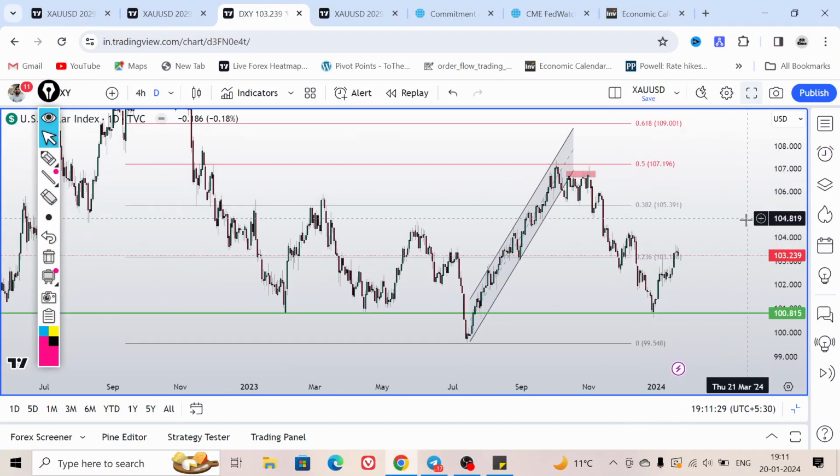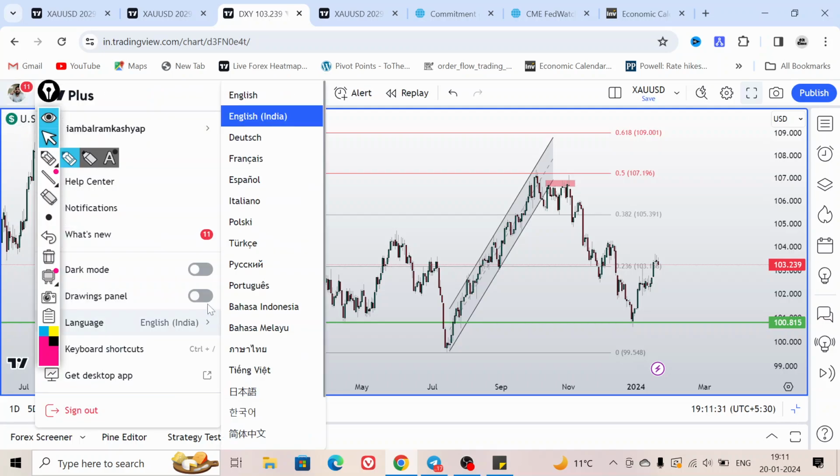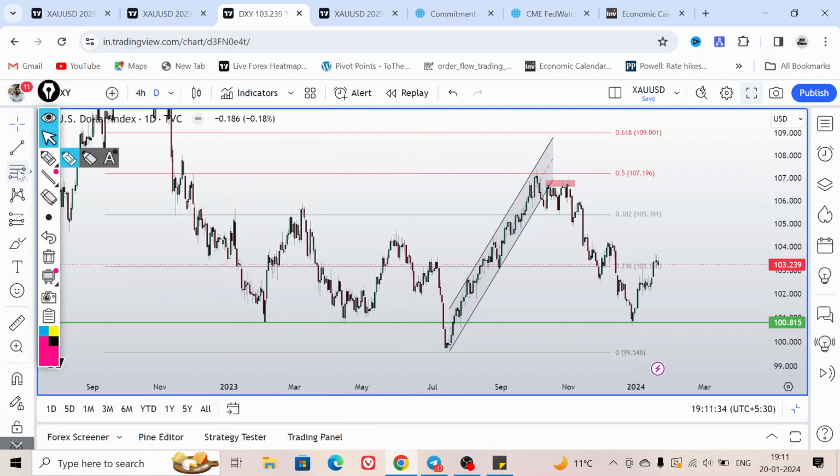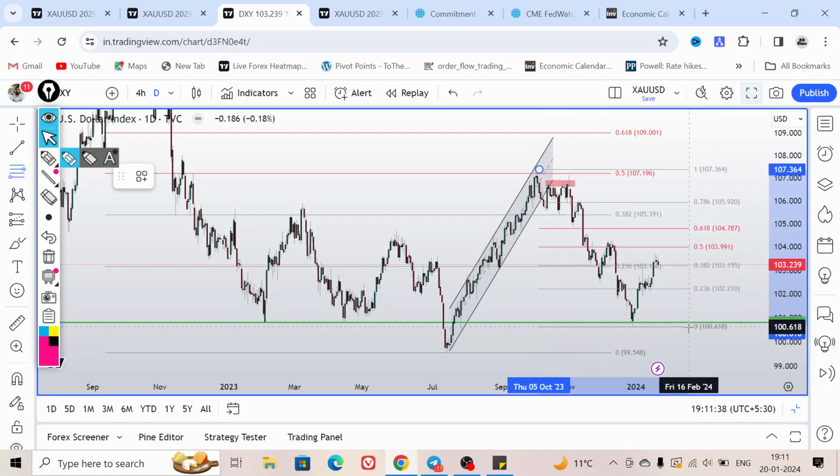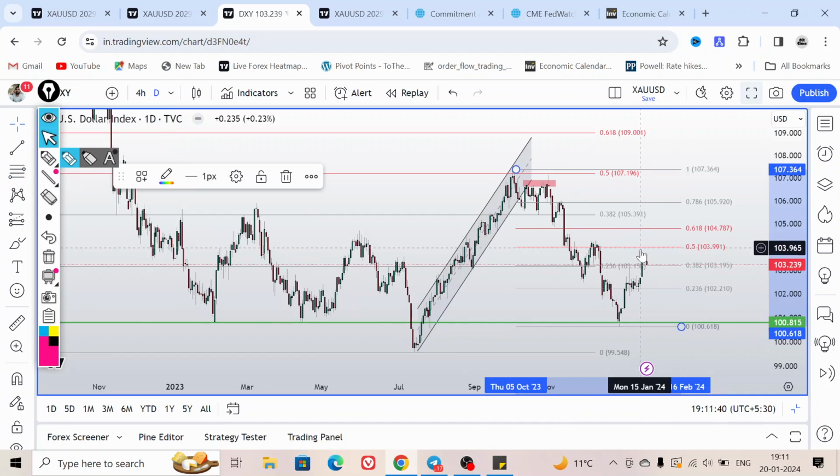If we draw the Fibonacci for this particular cycle, from this high to this low, you can see this is the 50% level around 103, roughly 104.